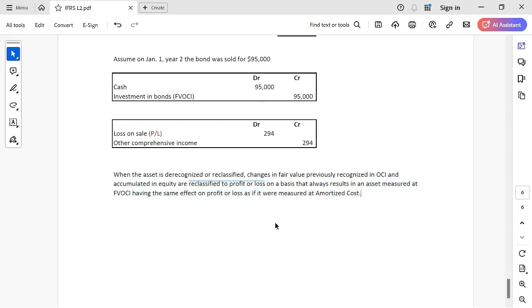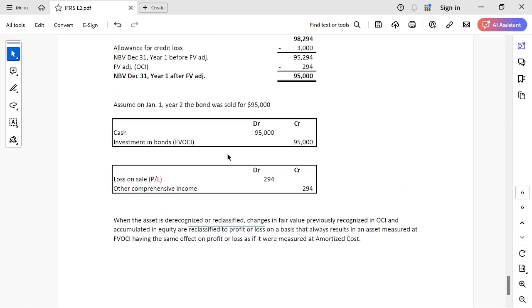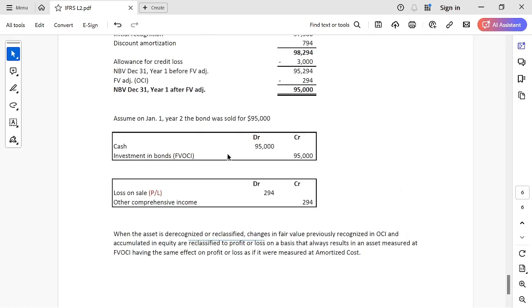What does this mean? It means that if we look at these examples, the total effect on profit or loss when using the fair value OCI method should be equal to the effect on profit or loss if we used the amortized cost method.